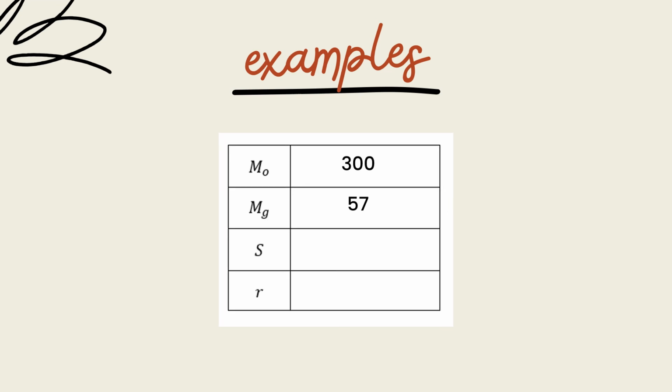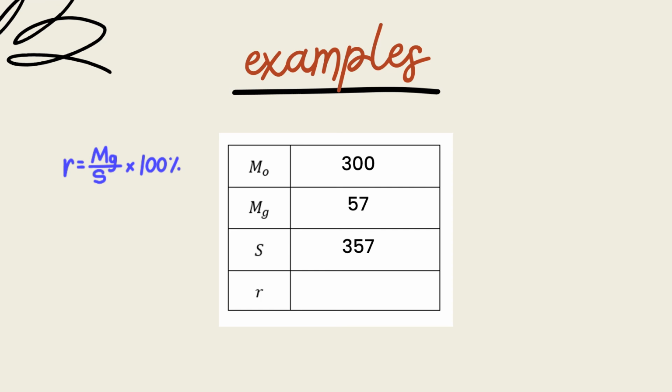Next, you have your M sub O is 300, M sub G is 57, find S and R. Okay, so S is 357 kasi same idea lang yung M sub U at M sub G, i-add lang.